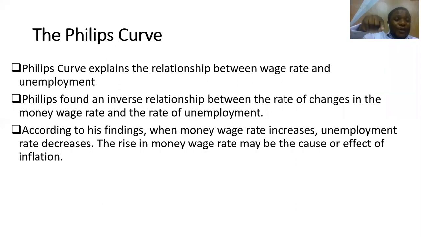And remember I told you that with the real wage, the employer and the employee are majorly concerned about the real wage and not just the nominal wage or the money wage. But Phillips did not consider the real wage. What Phillips considered was the money wage, which is just the nominal wage paid to everybody. So for the average nominal wage paid, he considered the growth rate in it, and then he found a negative relationship.